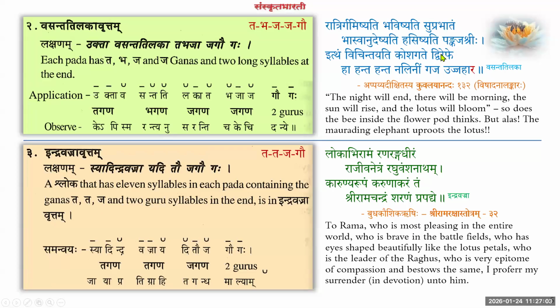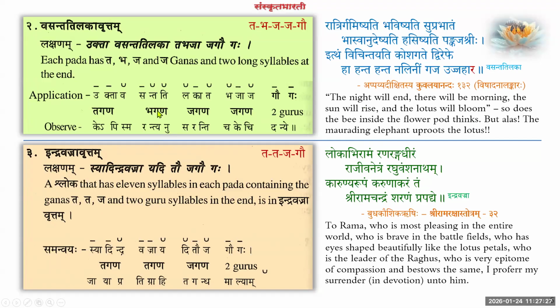Upon this thought flowing in the mind of the bee, an elephant came and uprooted the lotus. The marauding is our extension here. Ujjahara includes a marauding elephant. So I thought it nice to show an example.